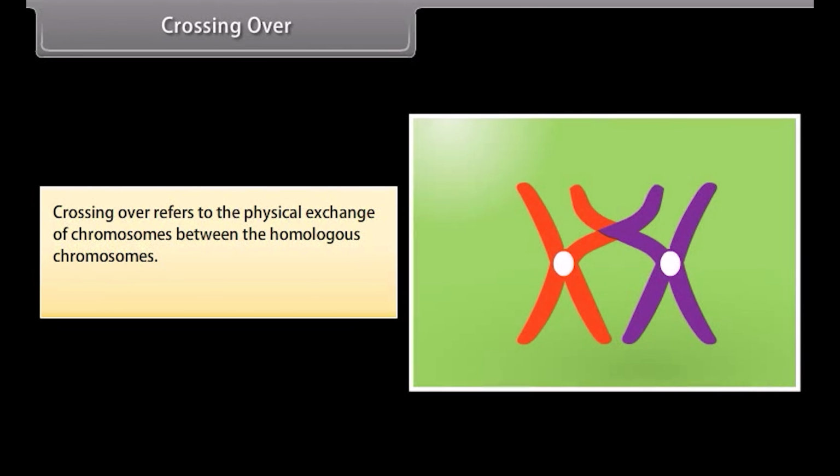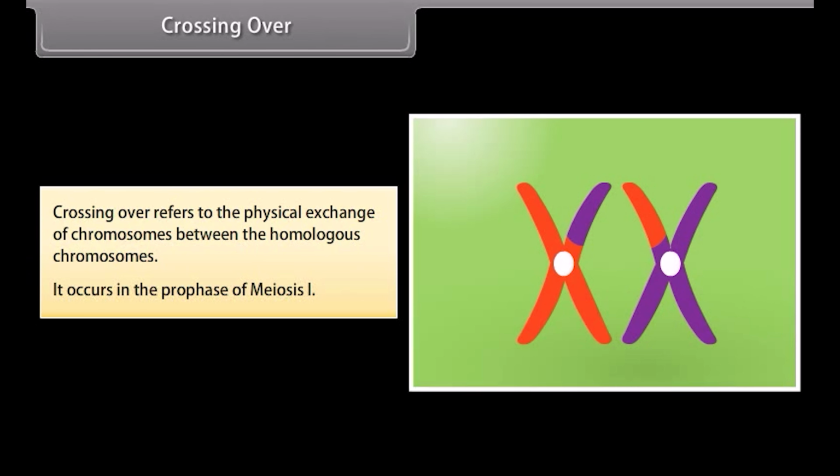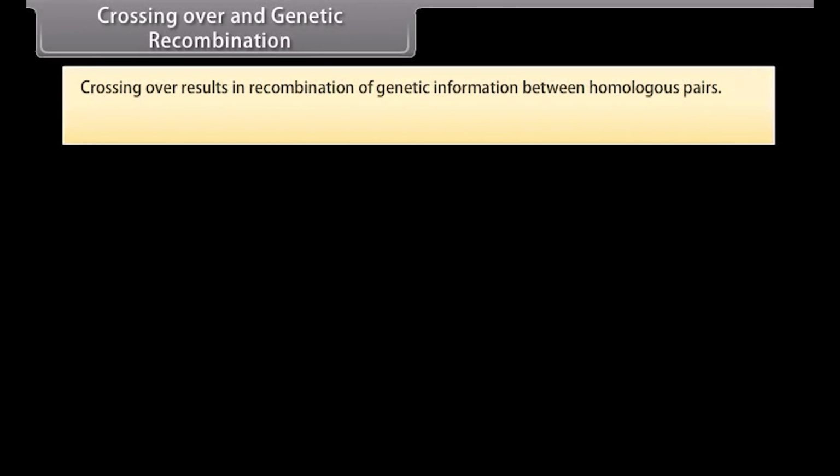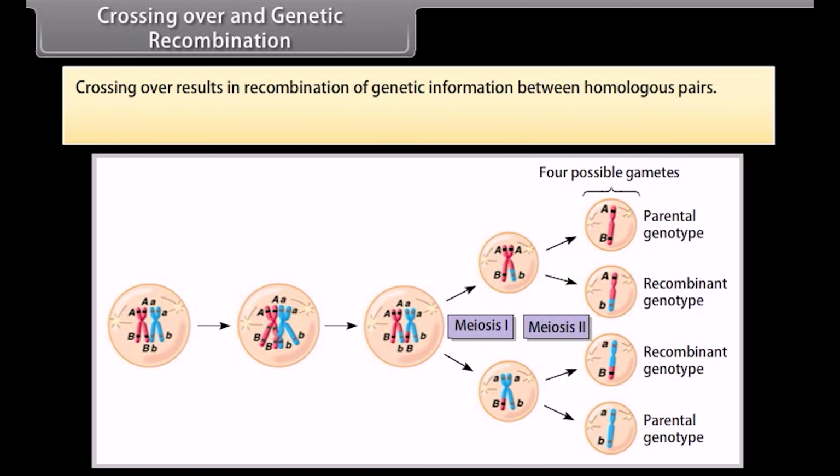Crossing over. Crossing over refers to the physical exchange of chromosome segments between homologous chromosomes. It occurs in the prophase of meiosis I. Crossing over and genetic recombination. Crossing over results in recombination of genetic information between homologous pairs.